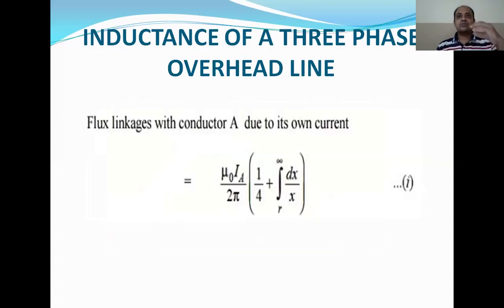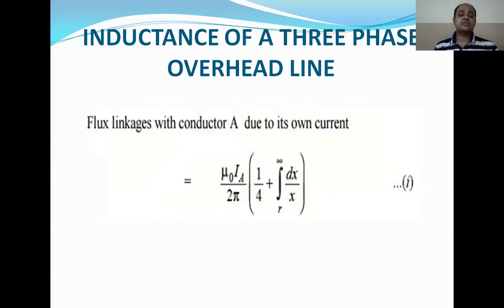We consider that the current of conductor A is IA. So we have to find the flux linkage of conductor A for current IA. What is the equation? This equation is already proved.